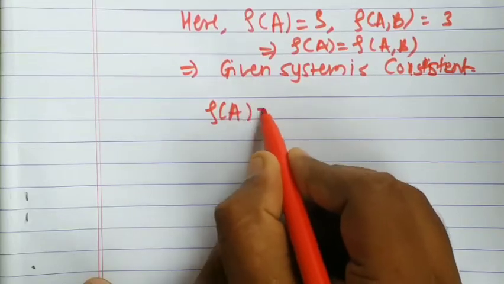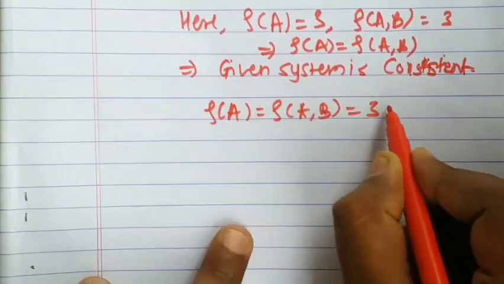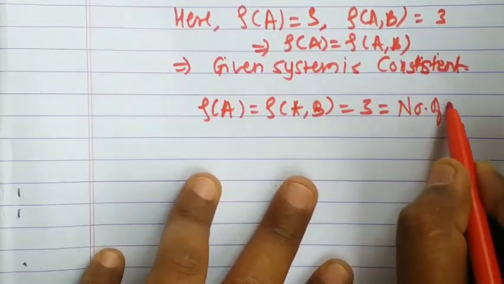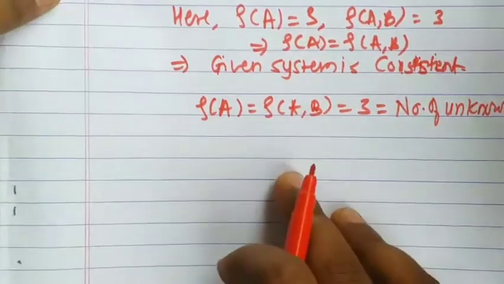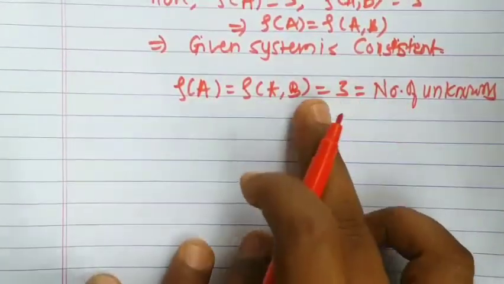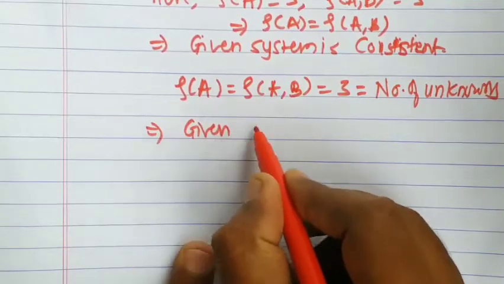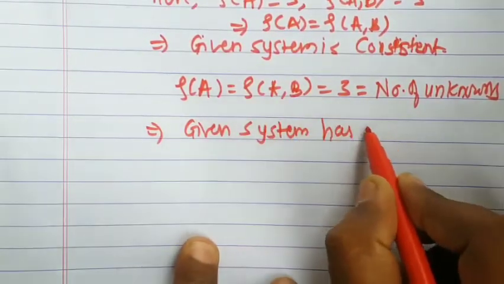So here rank of A equal to rank of A comma B equal to 3. And 3 is equal to the number of unknowns of the system, that is x, y, z. There are 3 unknowns, so the number of unknowns is also equal to the rank. Hence the given system has a unique solution.